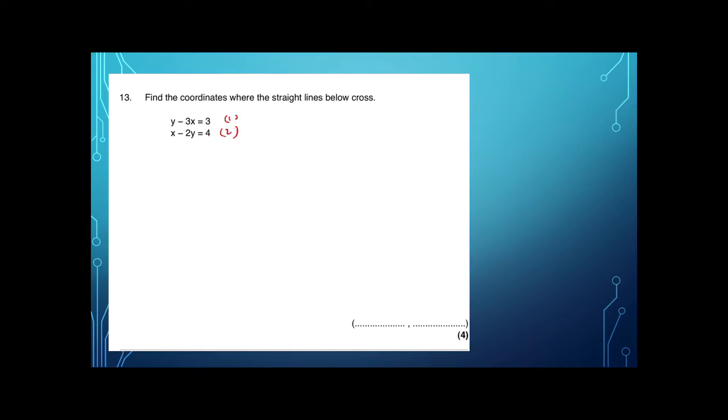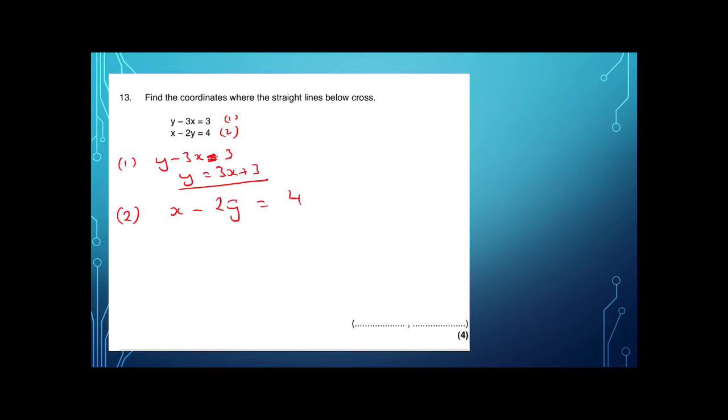I'm going to rewrite equation 1 as y equals 3x plus 3. So I've just written it so it says y equals. Okay, now we're going to take equation 2. Now equation 2 is x minus 2y is equal to 4.